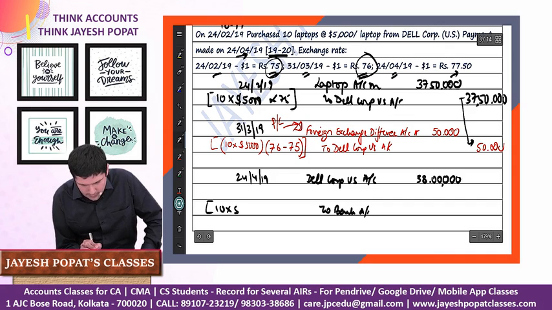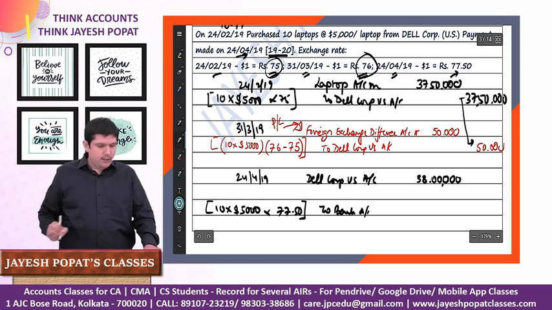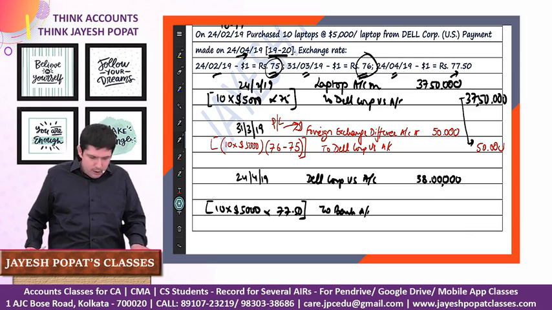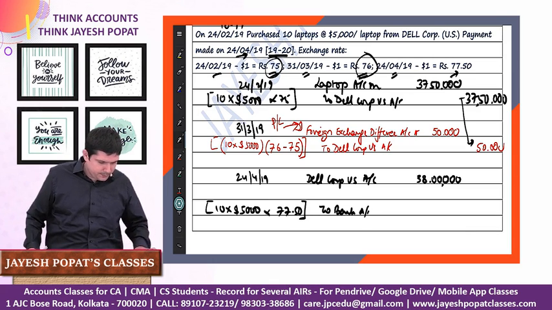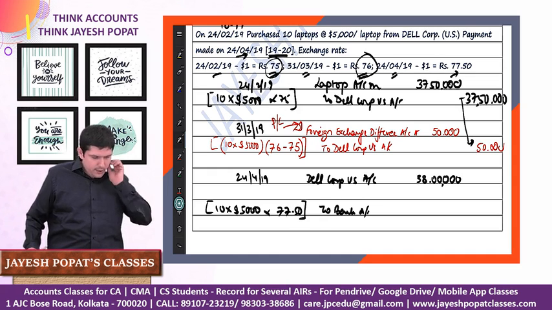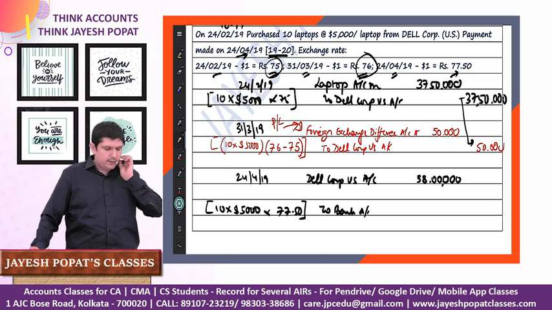We are paying for 10 laptops. One laptop is $5,000 and the rate on the date of settlement is 77.50 per dollar. So we'll say 50,000 into 77.50, which is 38,75,000.